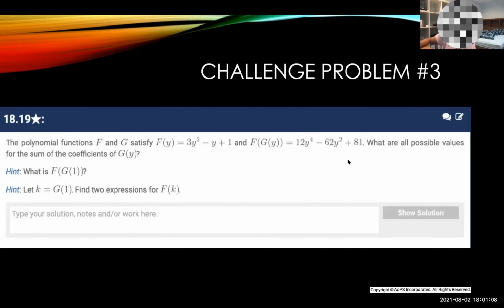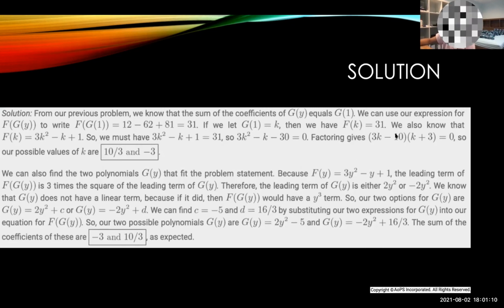So we set it to 31. Then you get 3k squared minus k plus 1 equals 31. You subtract 31 from both sides, and then you factor it to get 3k minus 10 and k plus 3. So you get 10 over 3 and negative 3.